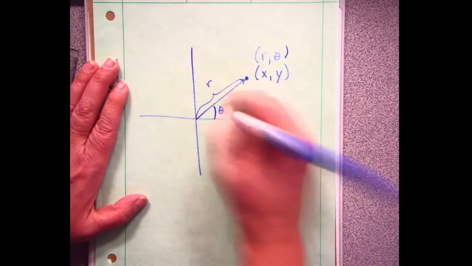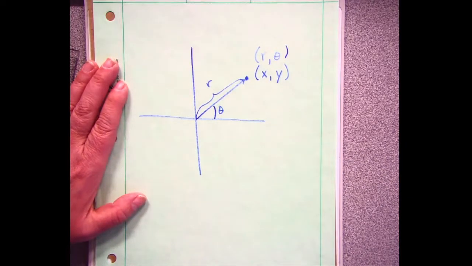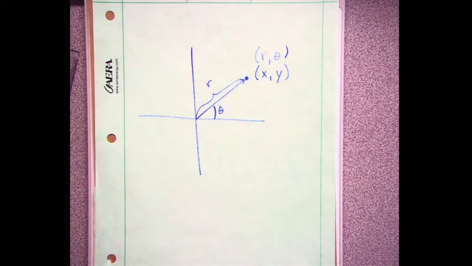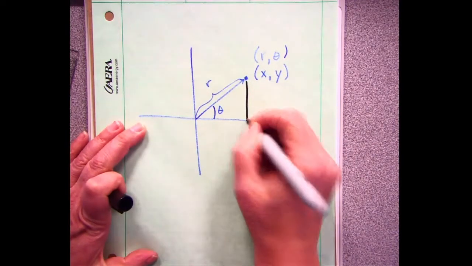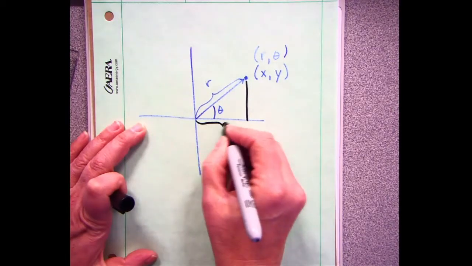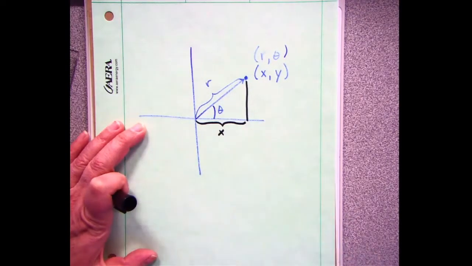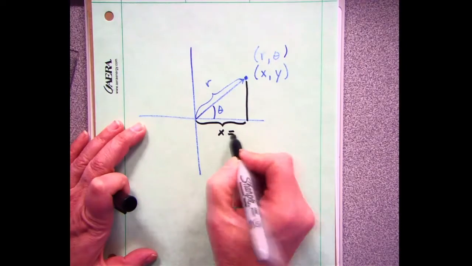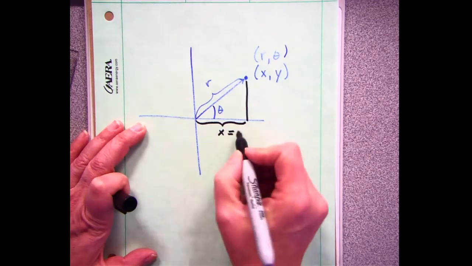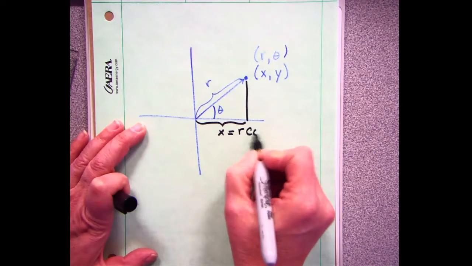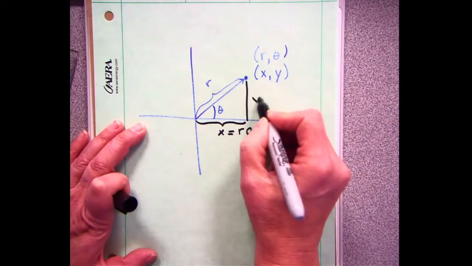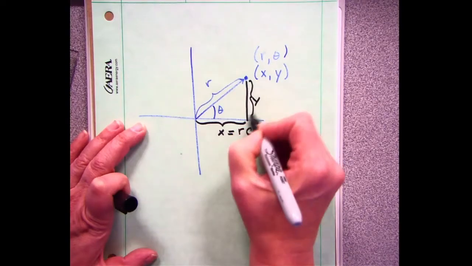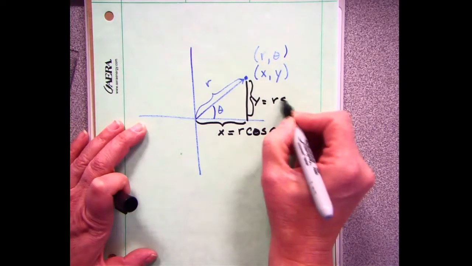This is my angle, theta. And now, if I do this, this is where your trigonometry comes in. This is my X, and X, of course, is just going to be R cosine of theta. This is my Y, and Y is R sine of theta.